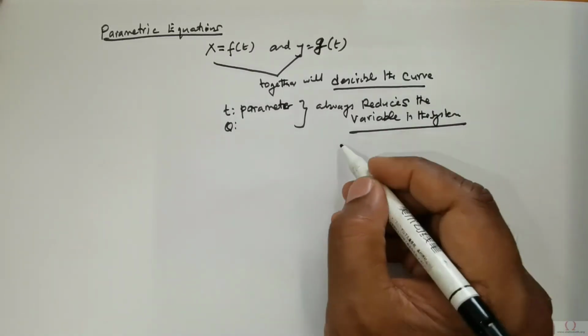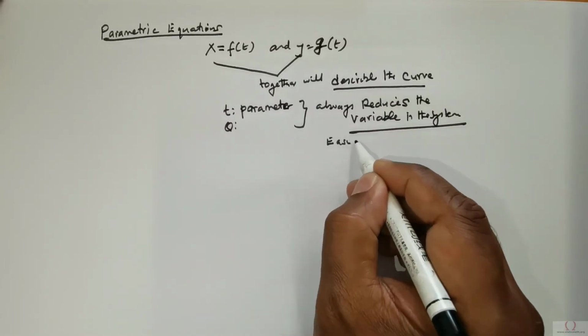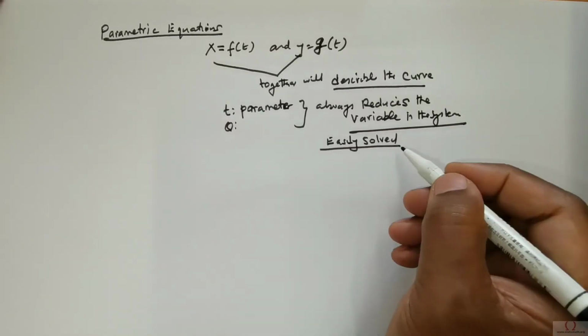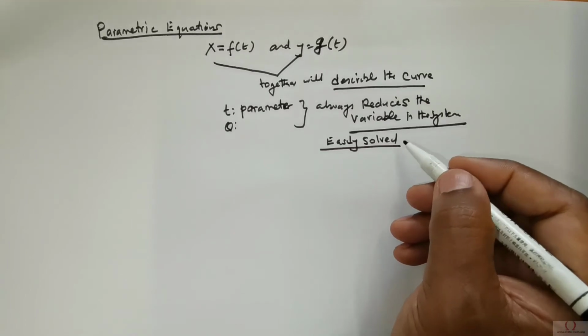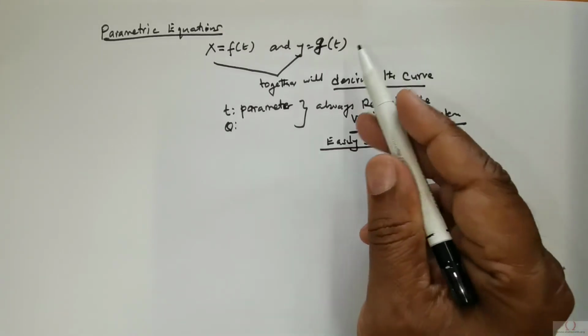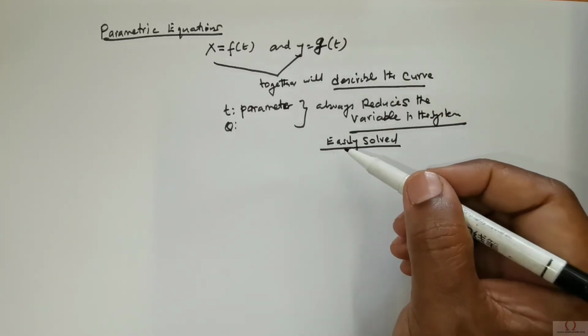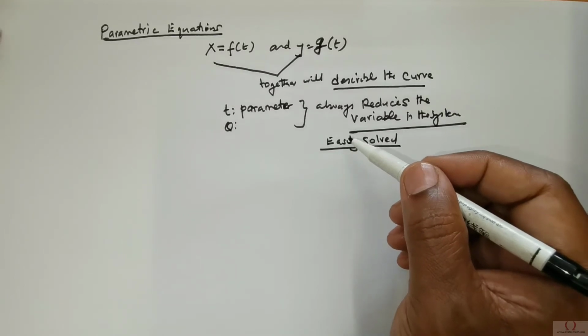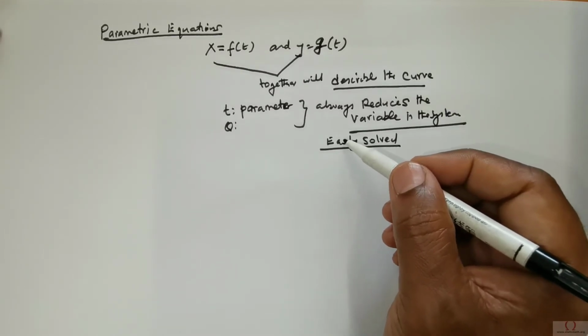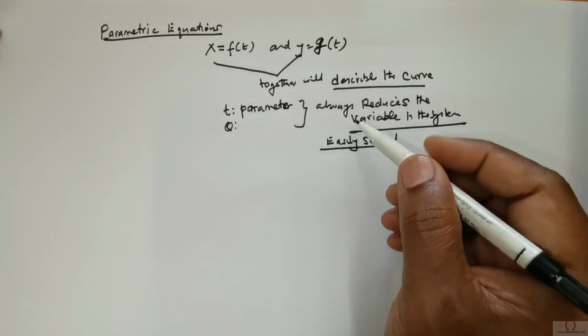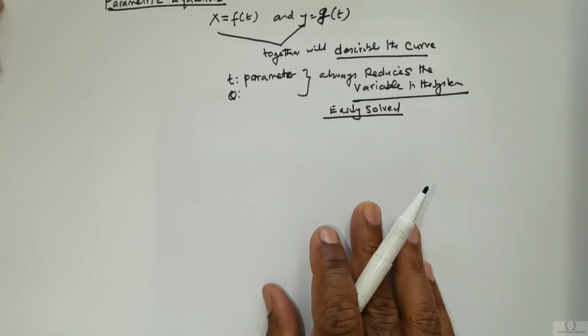So this means they can be easily solved. A solution can easily be achieved for the given system. So having made these basic points, we will have to go into understanding the concept.